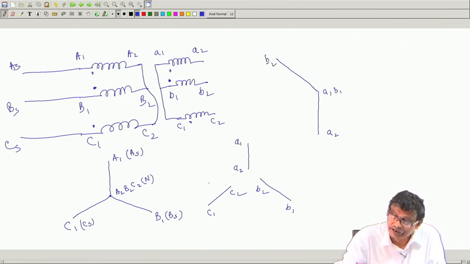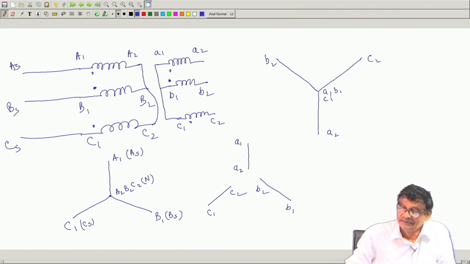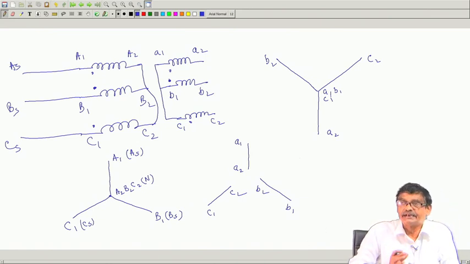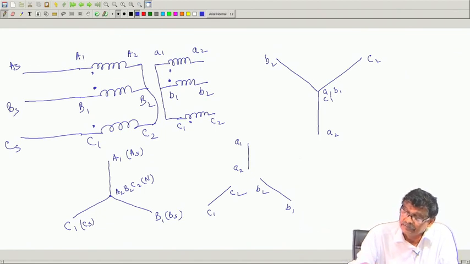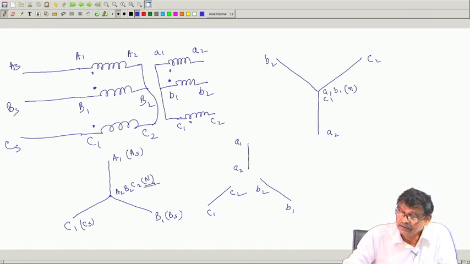Similarly, C1 C2 I will put parallel and put it here. Then it is also a correct balanced 3 phase output voltage you will get across A2, B2, C2. But this time this is the secondary neutral, and A2, B2, C2 is the primary neutral.